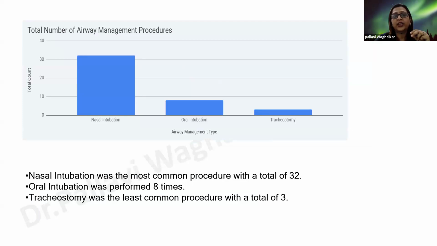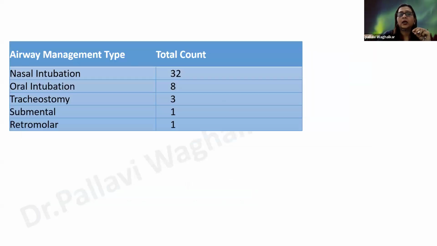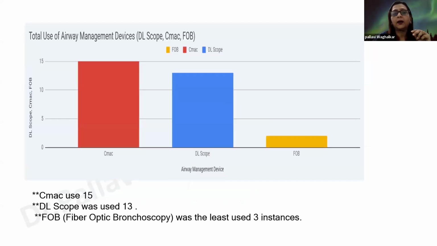Nasal intubations were done in 32 cases, oral intubation in 8 cases. Patients came with tracheostomy in 3 cases. Submental and retromolar intubations were done in one case.